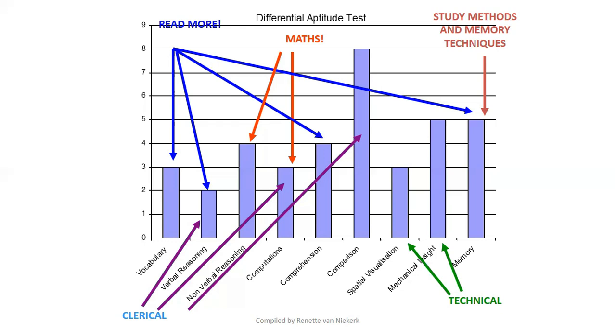Then I have a look at your clerical ability, where I look at verbal reasoning, computations and comparisons. The comparisons test, you will remember, is that one where you only had 4 minutes to compare things with one another. And then your technical ability is calculated with your spatial visualization result and your mechanical insight result.